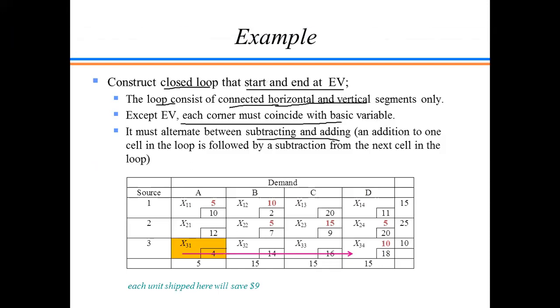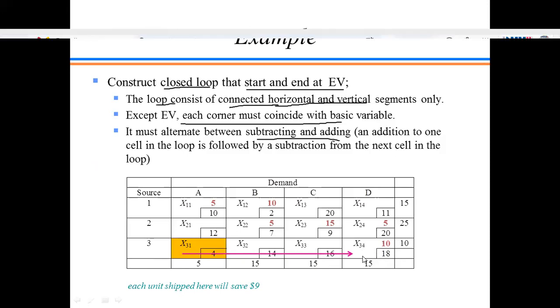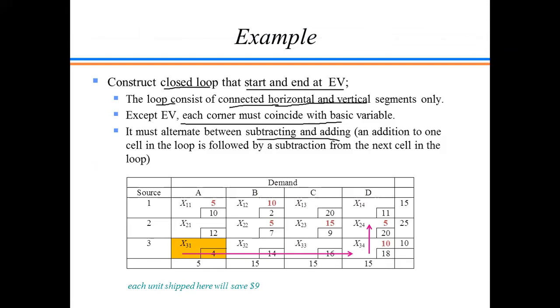Remember that the arrow has to visit the basic variable. That's why from x31, x34. And then next is move up to x24, to the corner of basic variable. And then move again to x22. And then move up again to x12. And then x11, go back to x31. You see, this is the closed loop.